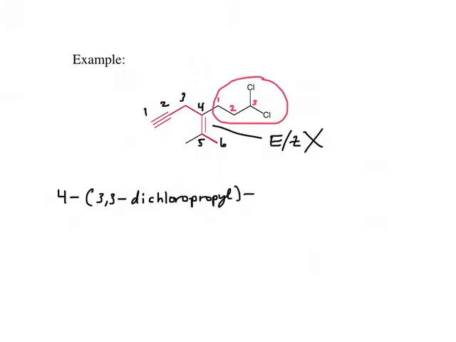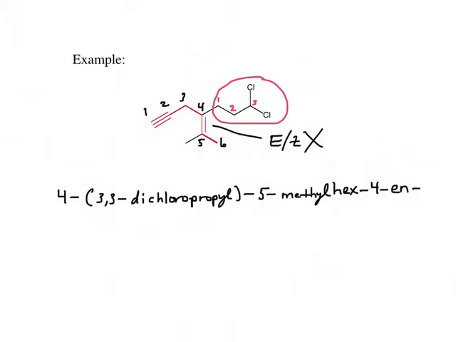And then at number 5, I have a methyl. There are 6 carbons total. Now I'm into the parent, so 6 carbons total. So it's going to be hex. And remember, it's an ene-ine, so the ene part goes first. So we'll have 4-ene.